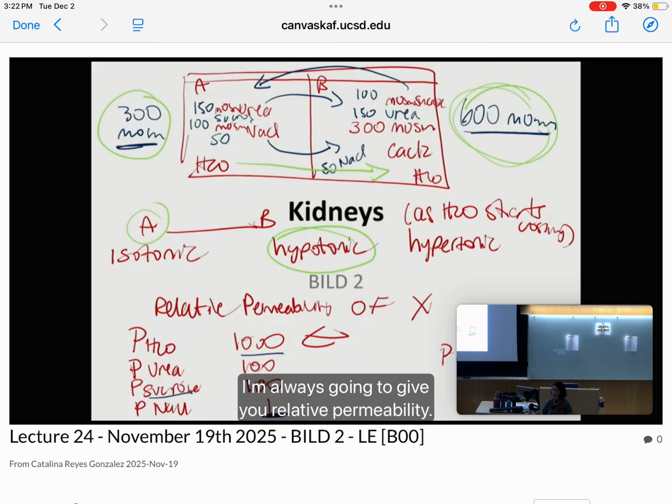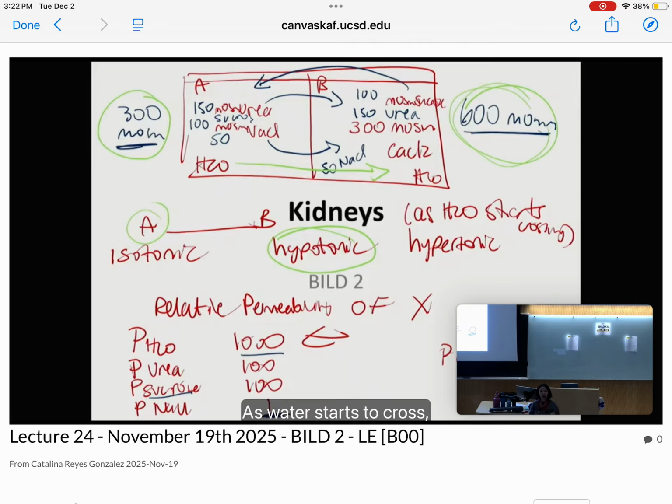I'm always going to give you relative permeability, so you can compare the permeabilities fairly easily. You just look at the numbers before any water crosses and you determine, okay, is the osmolarity in compartment A higher, the same, or lower than B? And you can determine if it's iso-, hyper-, or hypoosmotic. As water starts to cross, then you're going to look at what water is going to do.